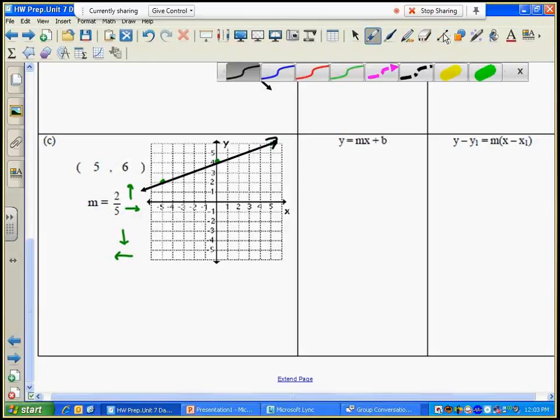Okay, you can see it crosses the y-axis at 4. So the equation of that line is y equals 2/5 x plus 4. We could use the 5 and the 6 over here to have y minus 6 equals 2/5 times (x minus 5).